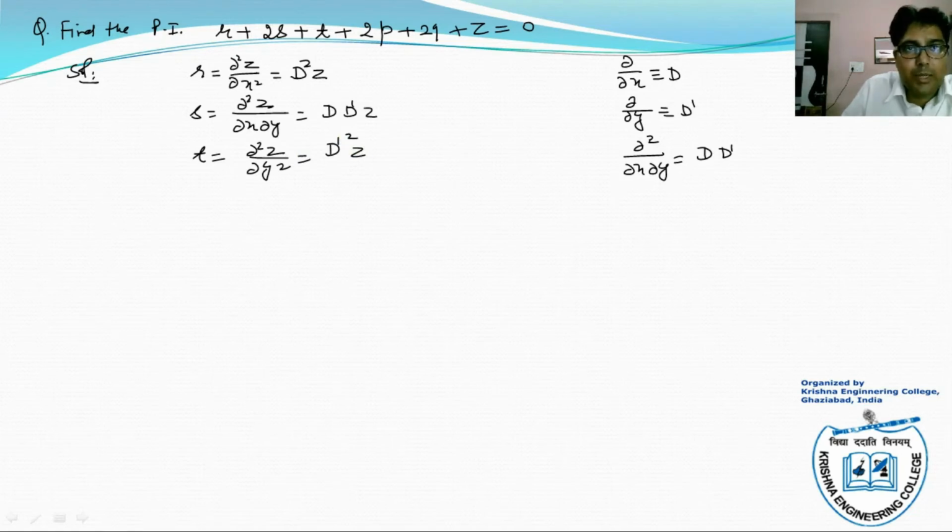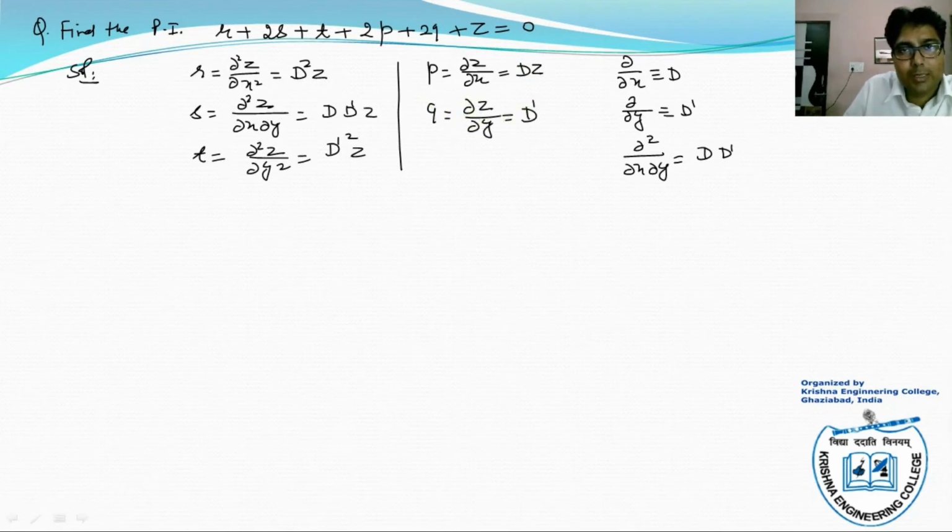P is del z over del x, this is Dz. Q is del z over del y, so this is D dash z. Now put this value in equation first.